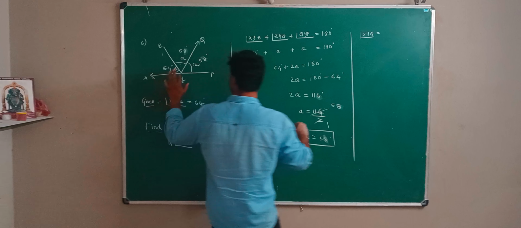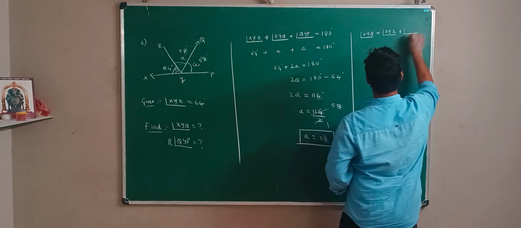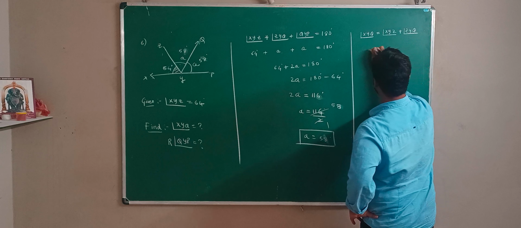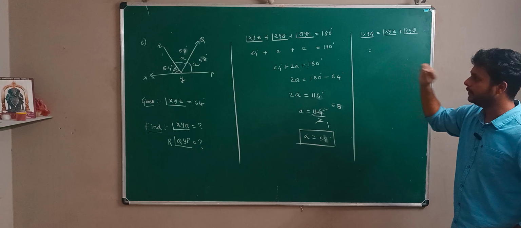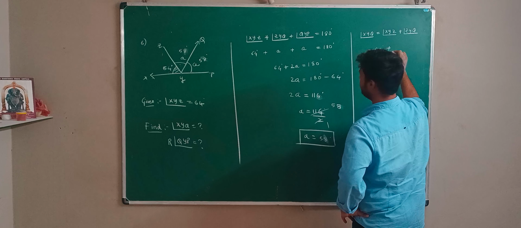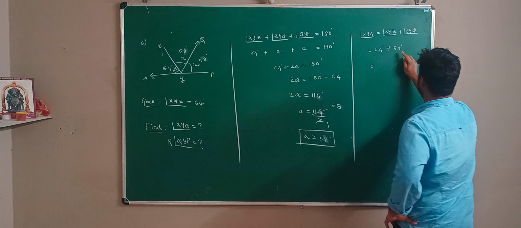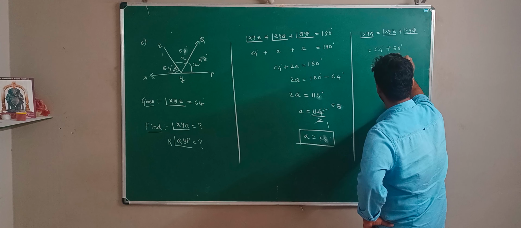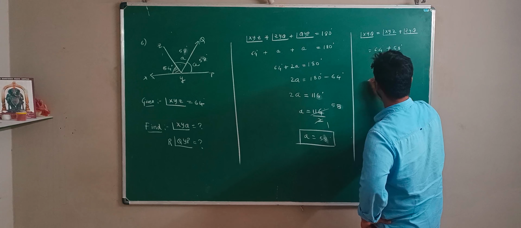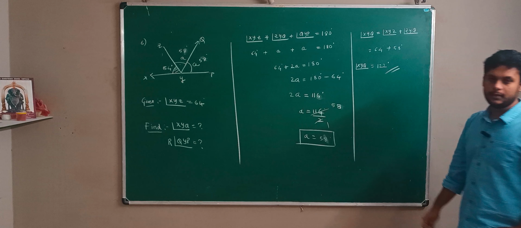So angle XYQ is equal to angle XYZ plus angle ZYQ. Understood or no? How much is XYZ? 64 degree. How much is ZYQ? 58 degree. Now add it. 122 degree. That is our XYQ. Understood or no? Understood how I did?